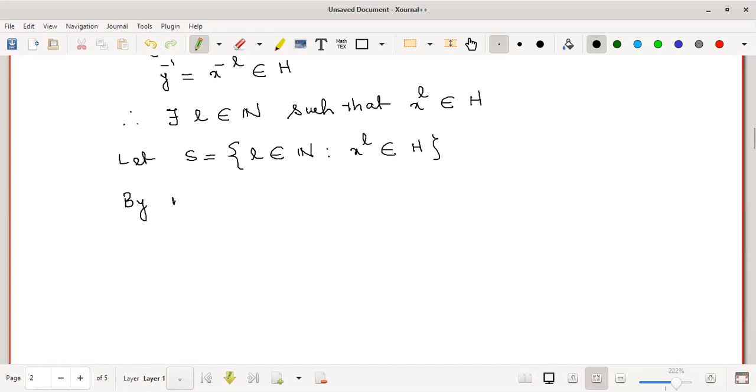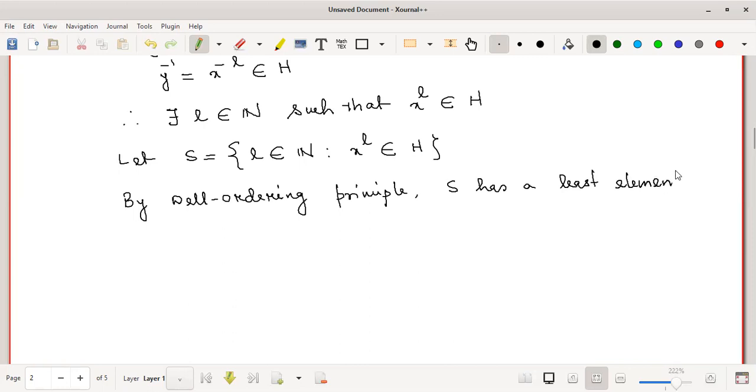By well ordering principle, the set S has a least element, say M, right?